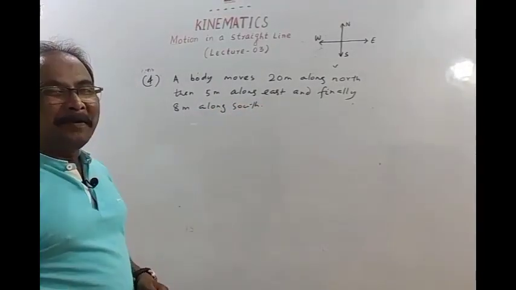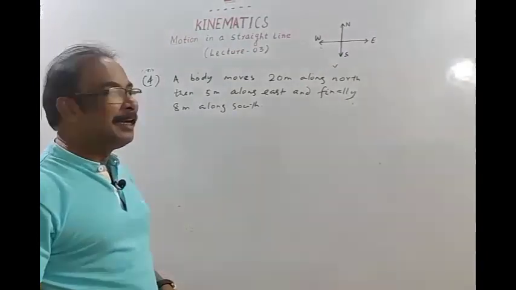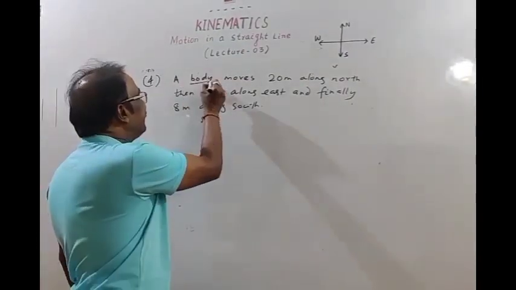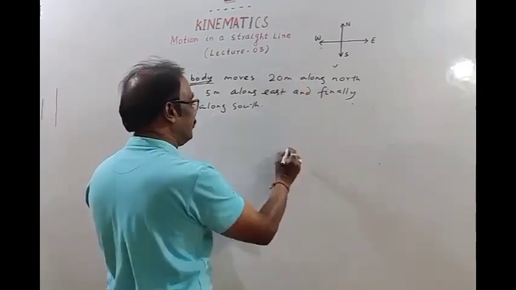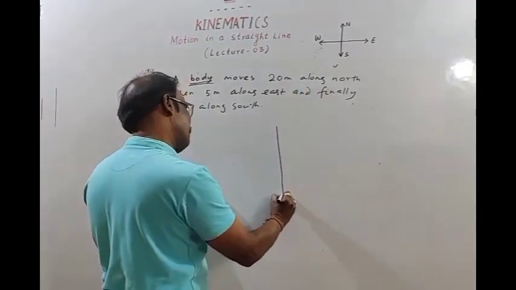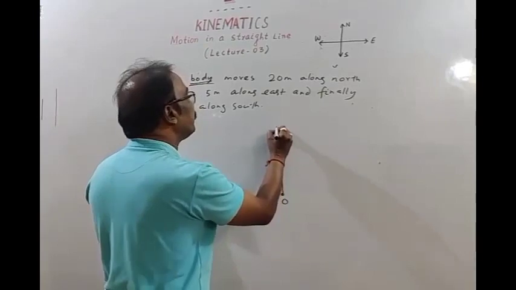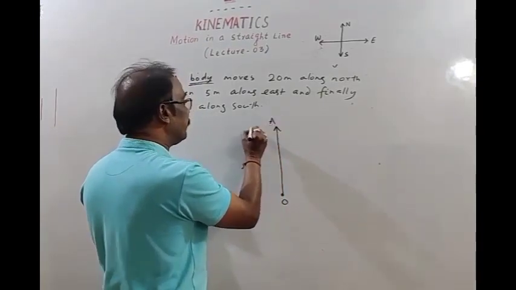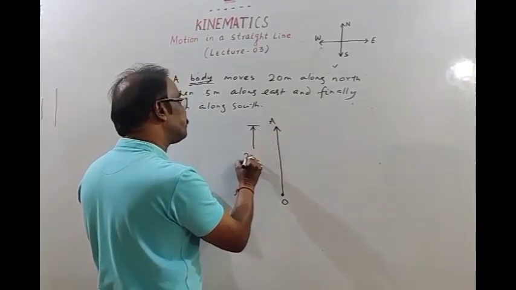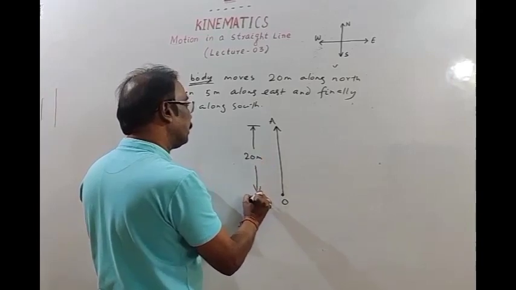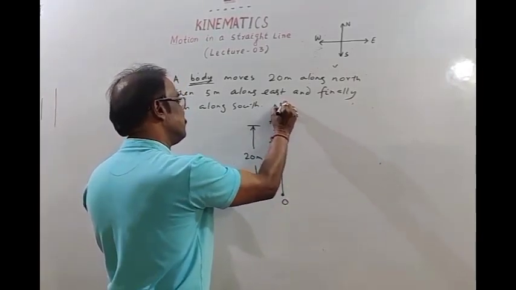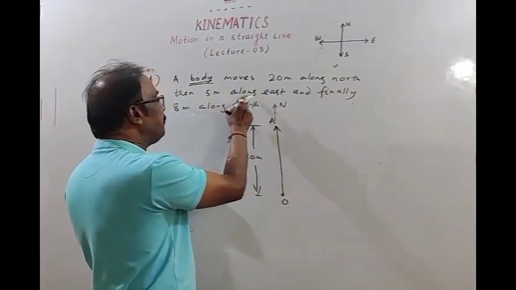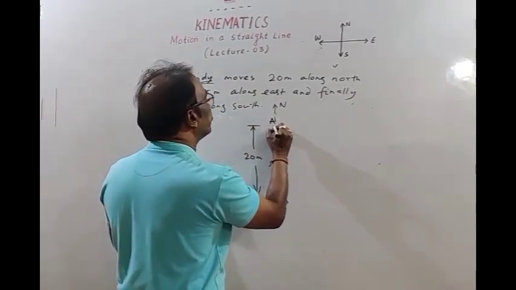So in similar form we have to find distance and displacement of the body. Okay. It moves 20 meter along north. Suppose the body starts from O, reaches at a point A, the whole path length is 20 meter along north. This is along north. Then moves 5 meter along east from A.